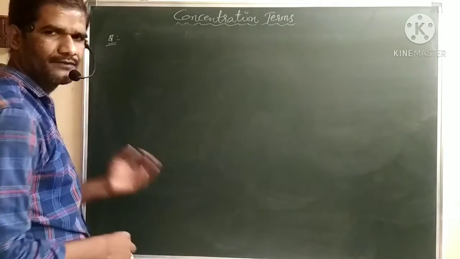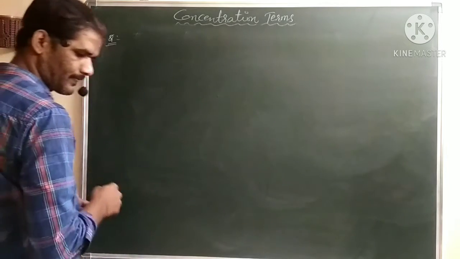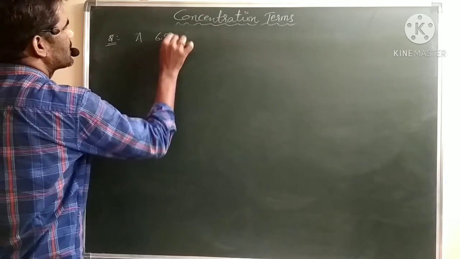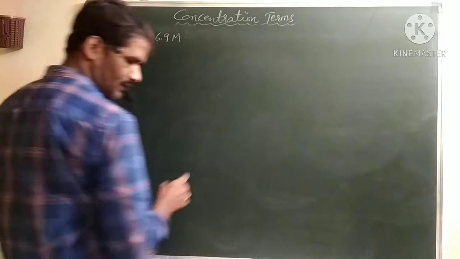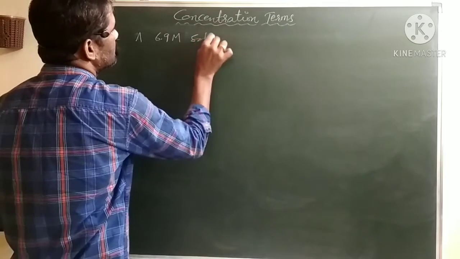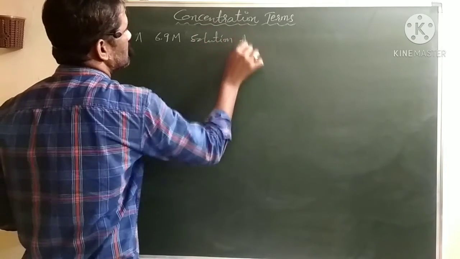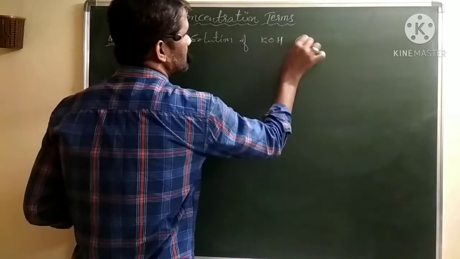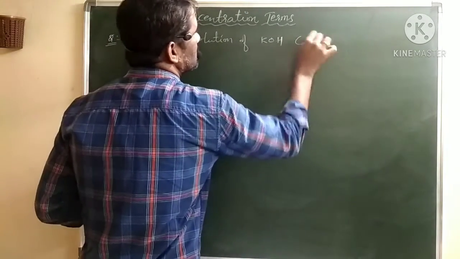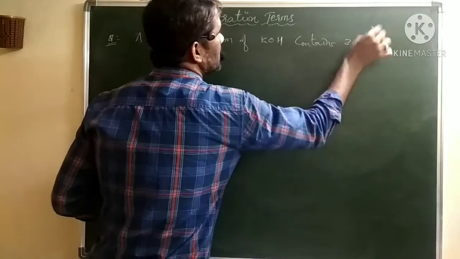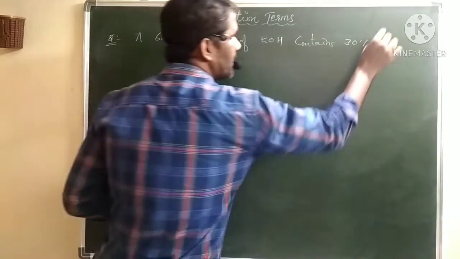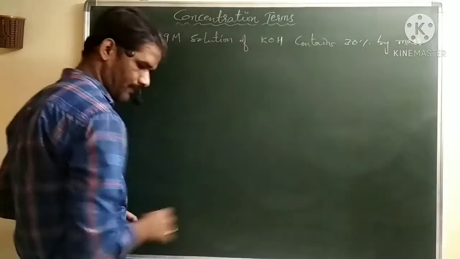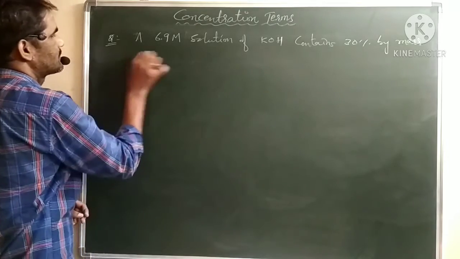Next, the same kind of the reverse question. A 6.9 molar solution of potassium hydroxide contains 30% by mass of KOH.